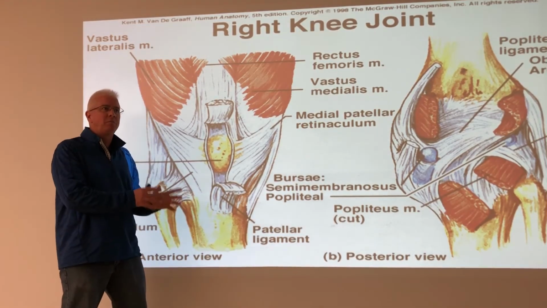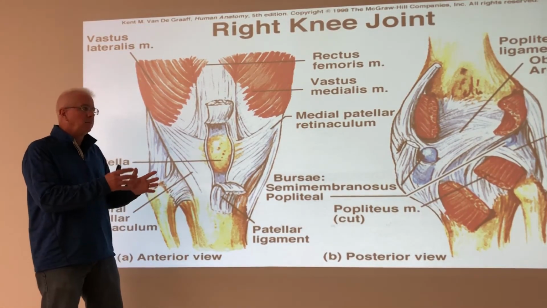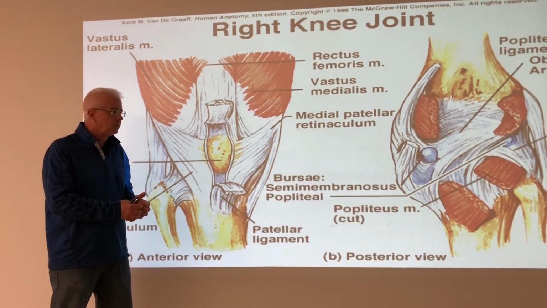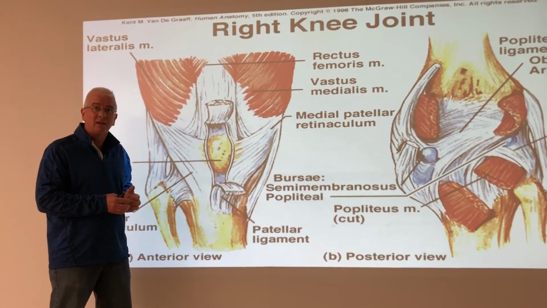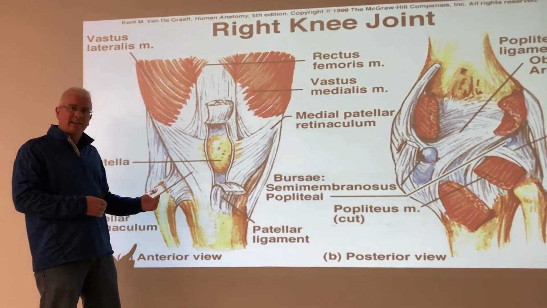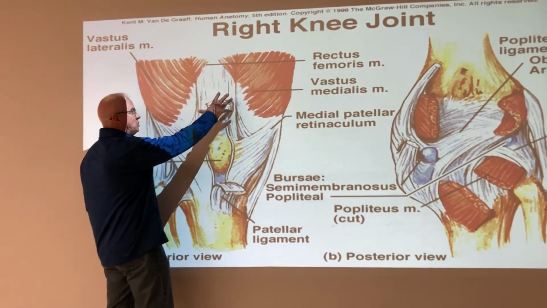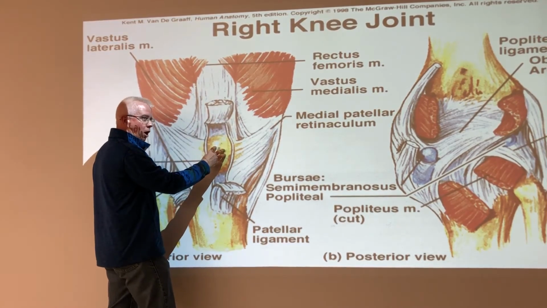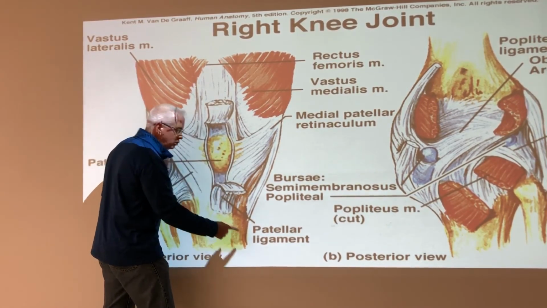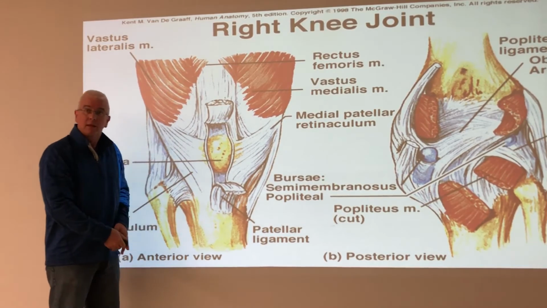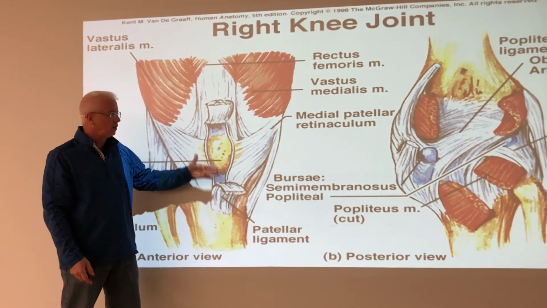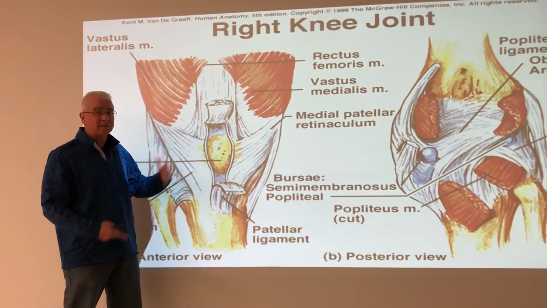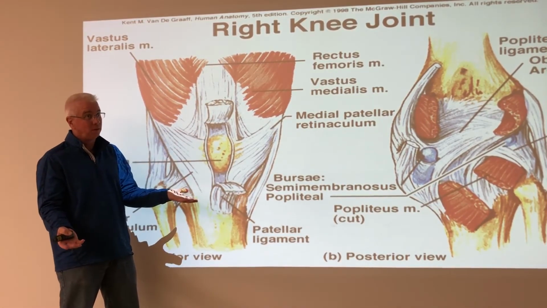So in your textbook, you're going to see the attachment here of the quadricep muscles is the tibial tuberosity. Correctly said, this attachment is a fusion of the tendons on the patella onto the patellar ligament. So this happens in other places, and you know enough histology already to know that tendons and ligaments are the same tissue.